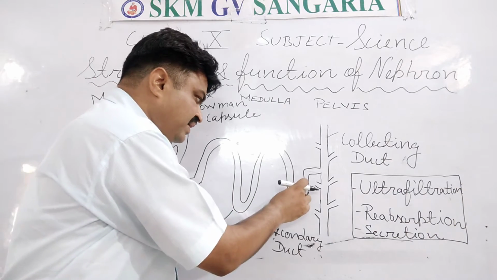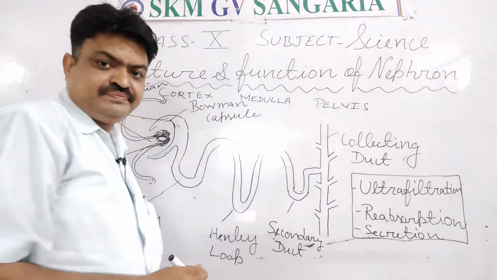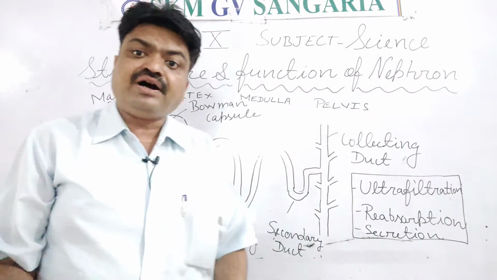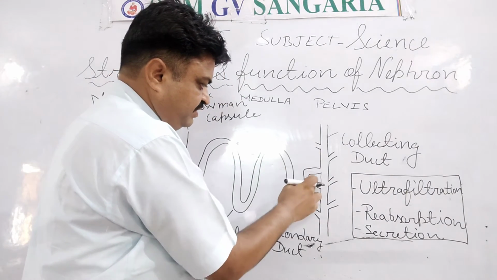Now this secondary duct is attached with a tubular part, and that tubular part is connected with other nephrons also. Meaning other nephrons are connected with this.